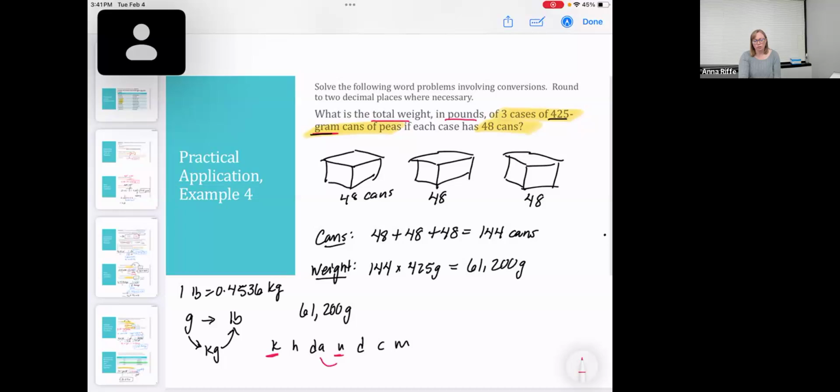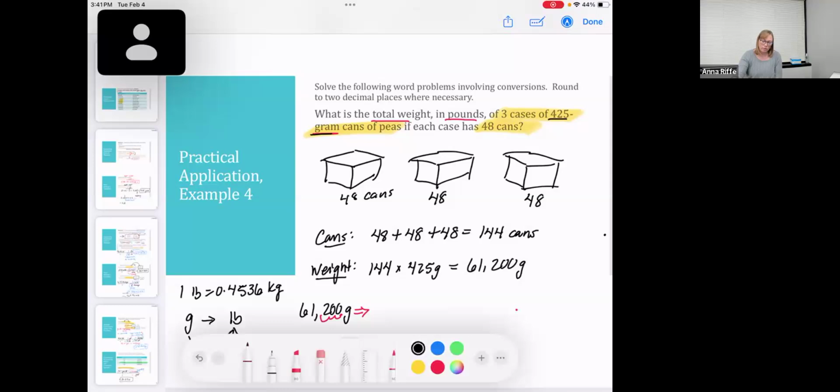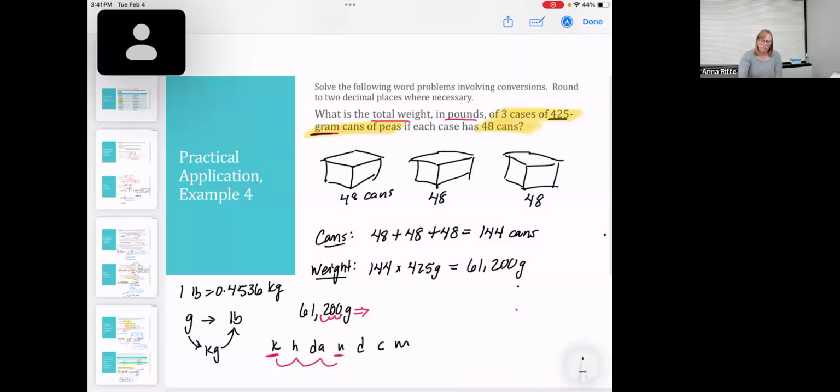So I'm going to go 1, 2, 3 to the left, 3 decimal places. That gives me 61.2 kilograms. So we've gone from grams to kilograms.